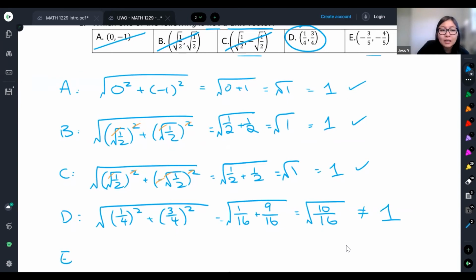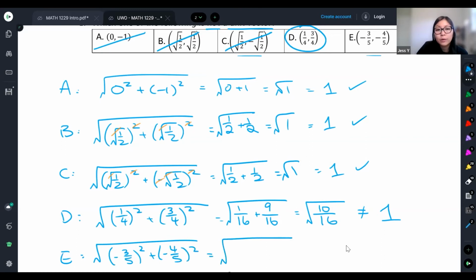But let's just check E just to see that the length does equal 1 for E. We take the square root of each of the numbers squared, so -3/5 squared plus -4/5 squared. So this is the square root, okay? First of all, the negative squared, they turn positive, right? Negative times negative is positive. Now we square each of the top and bottom.